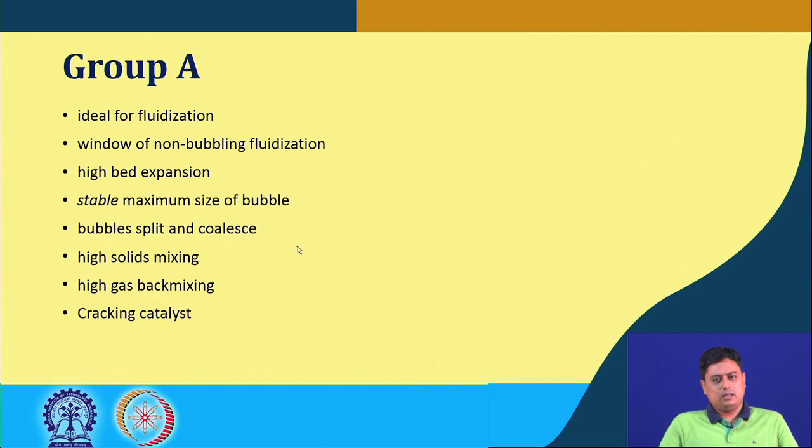In this case, you can have the maximum size of a bubble which is stable. In group A particles, you can have the stable formation of maximum diameter of a bubble, of the biggest size that is possible to form there, that is stable in condition. So, these are the characteristics of group A particles.